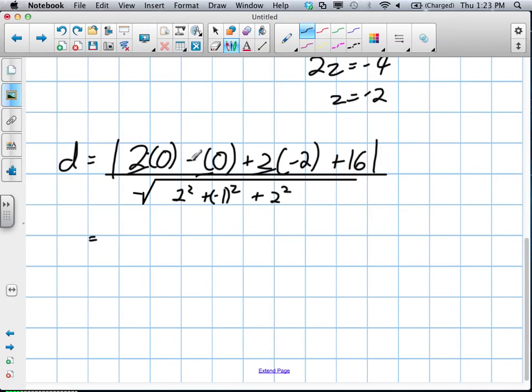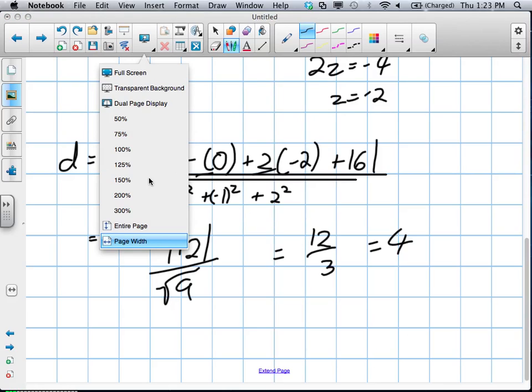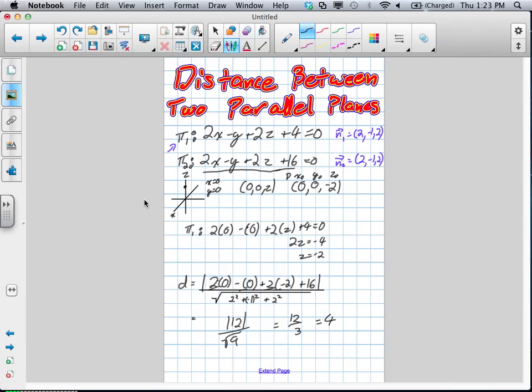From there, we're going to get 0, subtract 0, -4 plus 16 is going to give us the absolute value of 12, over 4 plus 1 plus 4, which is root 9. We're then left with 12 over 3, which is 4. So the distance between these two planes is 4.